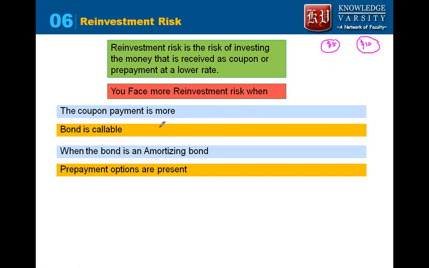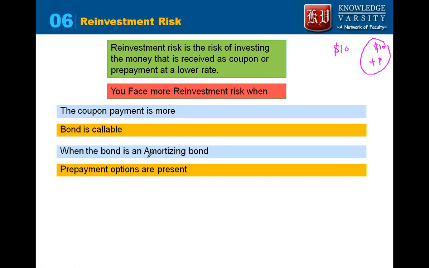Your reinvestment risk is also more when the bonds are callable, that is, bonds can be called back by the bond issuer. It is also more when the bond is an amortizing bond. One bond pays only coupon, but the other pays coupon plus principal, right? So you have more money to invest at a lower rate.